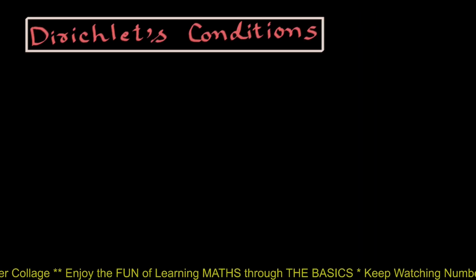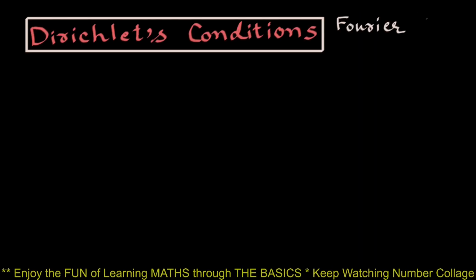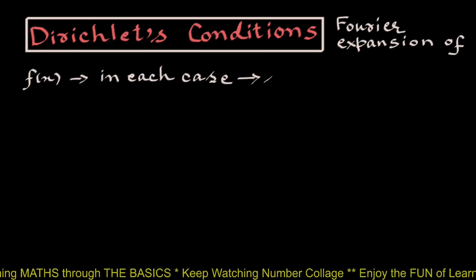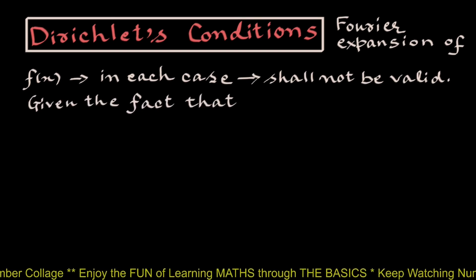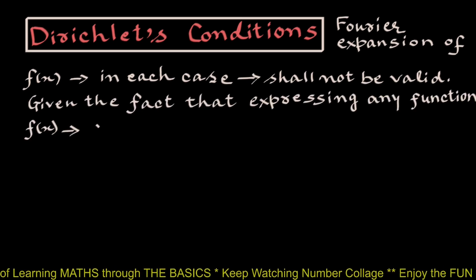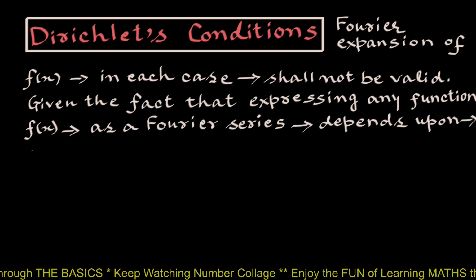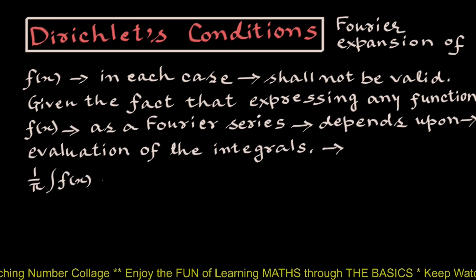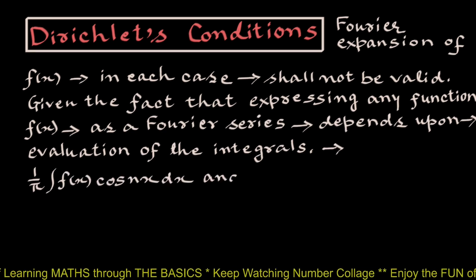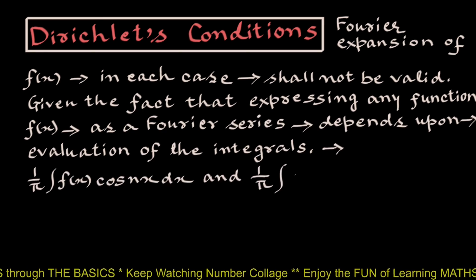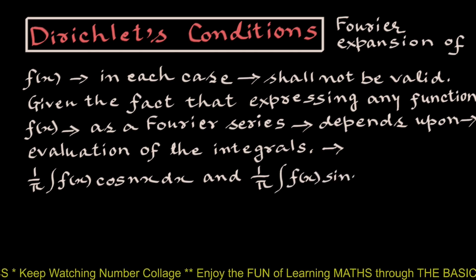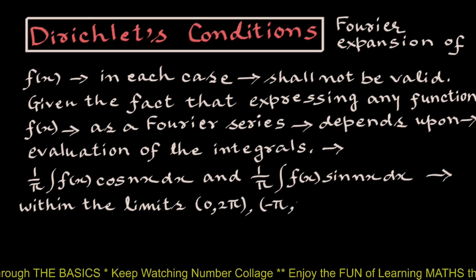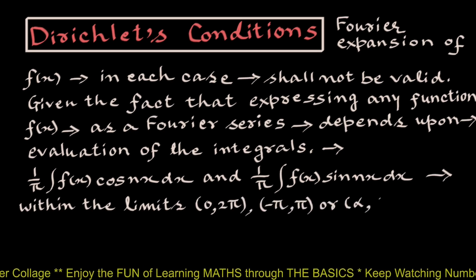It should be kept in mind that Fourier expansion of f(x) shall not be valid in every case, given the fact that expressing any function f(x) as a Fourier series depends upon evaluation of the integrals 1 upon pi integral f(x) cos nx dx and 1 upon pi integral f(x) sin nx dx within the limits 0 to 2 pi, minus pi to pi, or alpha to alpha plus 2 pi.